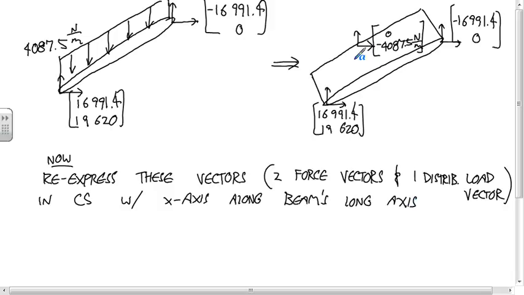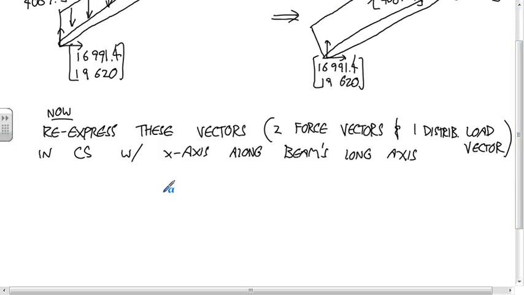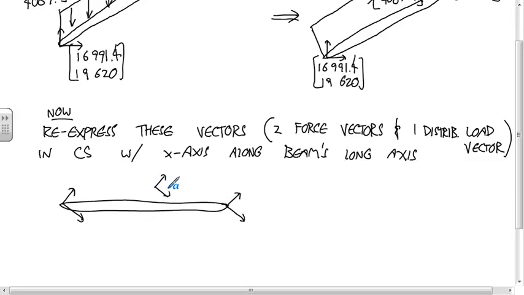Right now, if we didn't re-express these vectors in a new coordinate system, we'd be trying to do our internal load calculation with a force vector like this, a force vector like this, and a distributed load vector like this. And our approach to internal loads just doesn't work with those orientations.